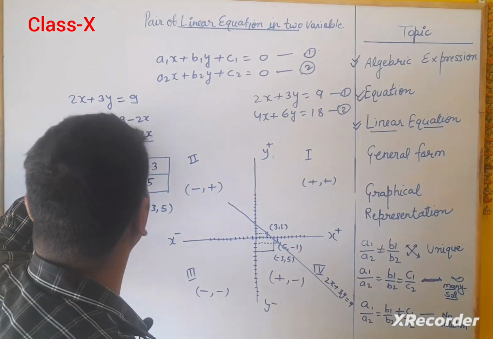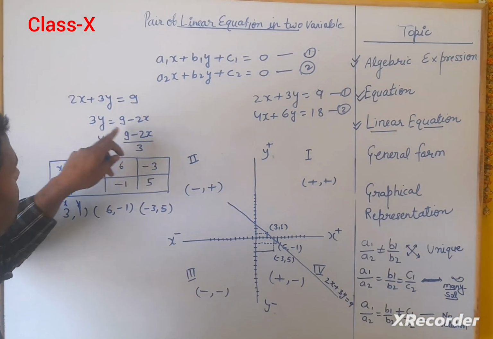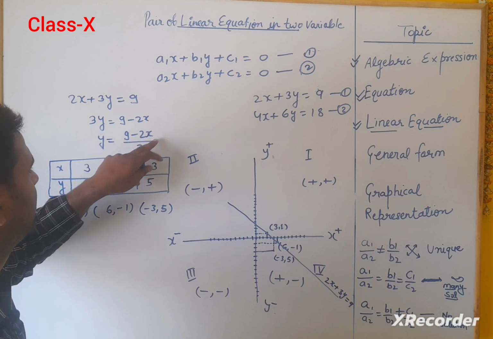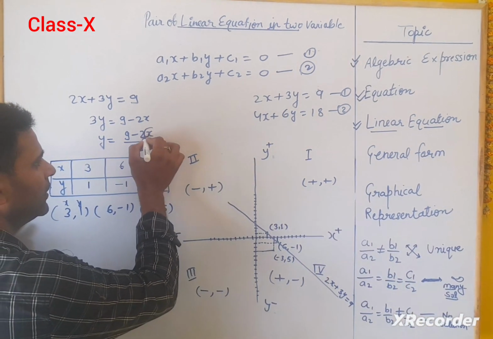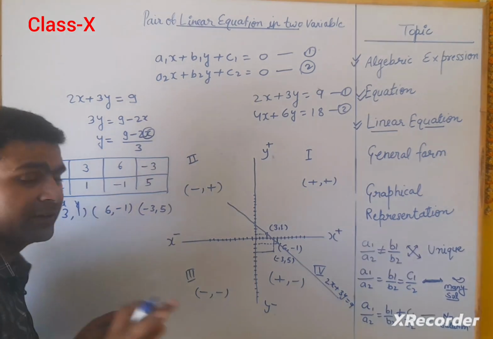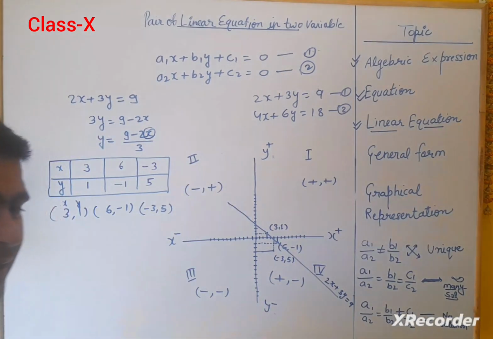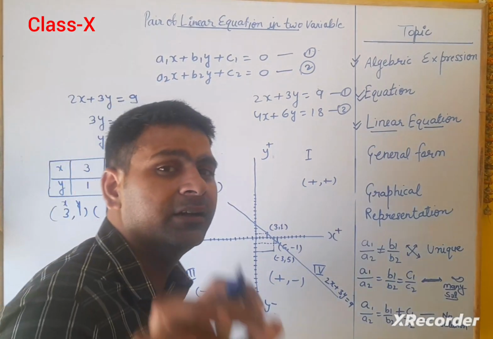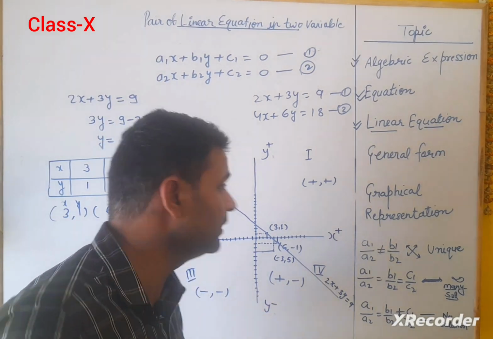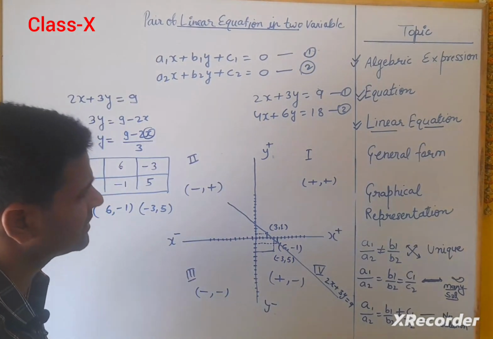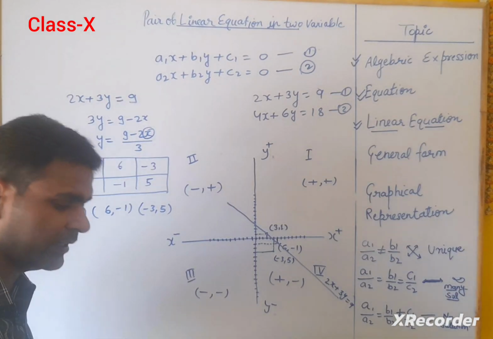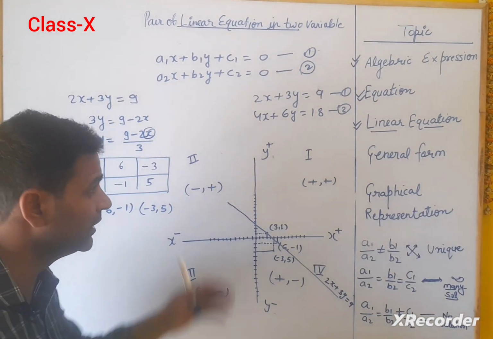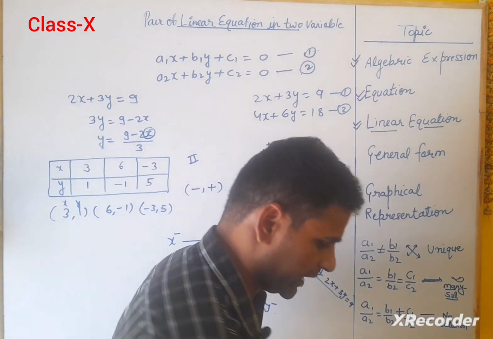I have taken y in x, so 3y equal to 9 minus 2x, y equal to 9 minus 2x upon 3. I take the values of x in such a way that we get whole numbers, not decimals. It's very easy. Just try. If you are getting any problem, put it in your comment box and I will explain one more time.